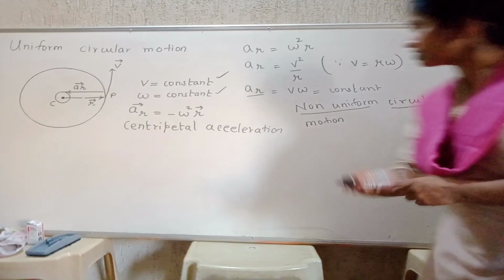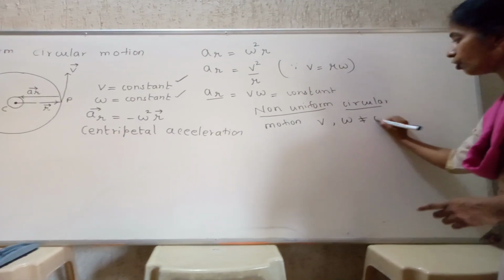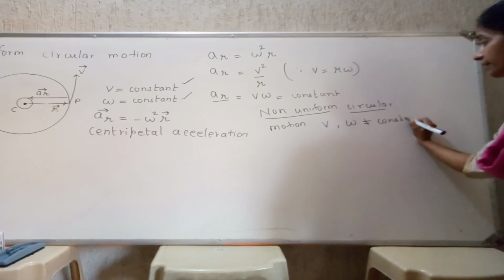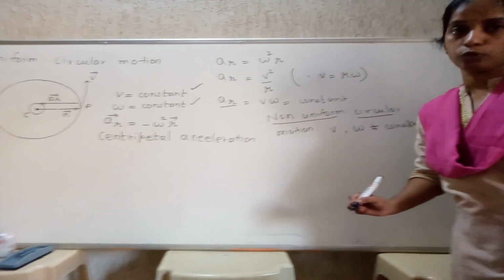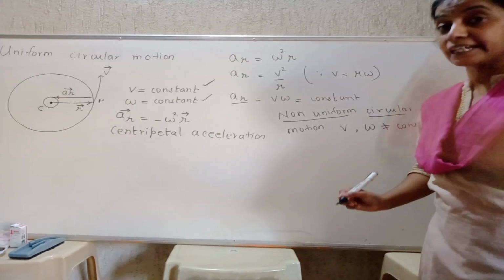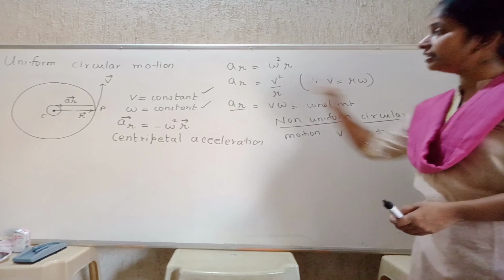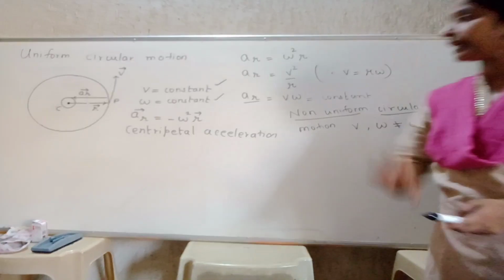Speed is not constant. v and omega are not constant. Then it is called a non-uniform circular motion. Are you okay here? I'll give you a simple example, students, and then we will distinguish between uniform and non-uniform circular motion.